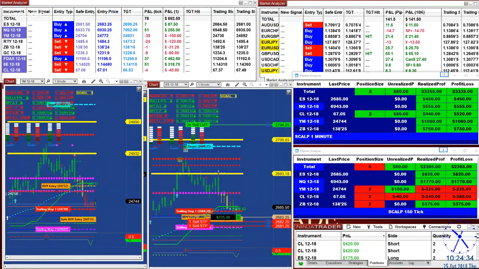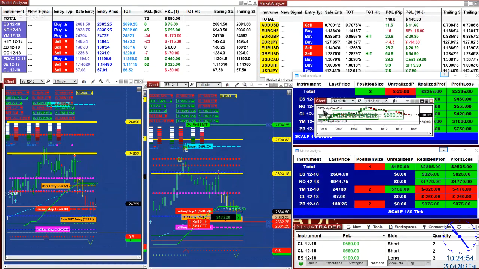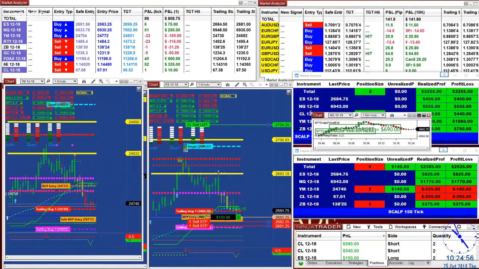While we're waiting on a new signal, I want to cover the difference on the swing trading between the filter and non-filter. There is not much difference because it's a light filter actually, and we're gonna be starting with the Nasdaq 1 minute.